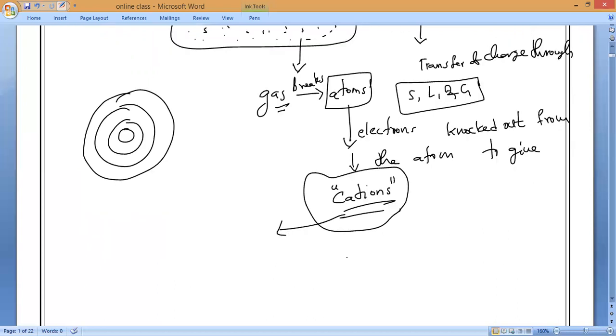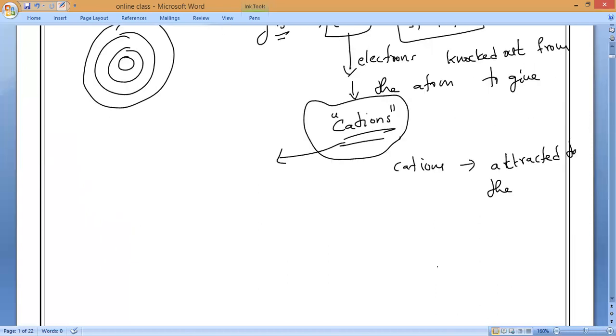Now, all these cations, what will happen? They will be attracted to whom, guys? Negative charge or positive charge? Cations are positive charge, but they will be attracted towards the negative side.